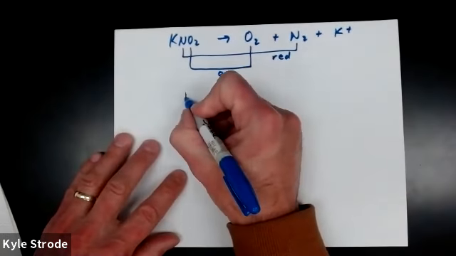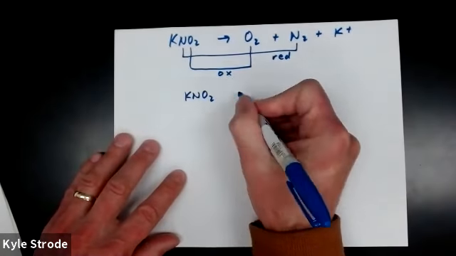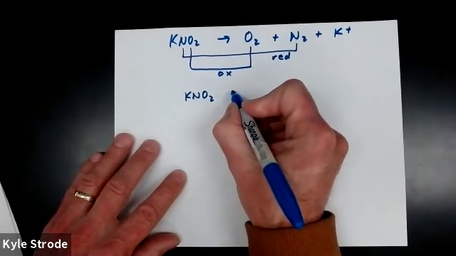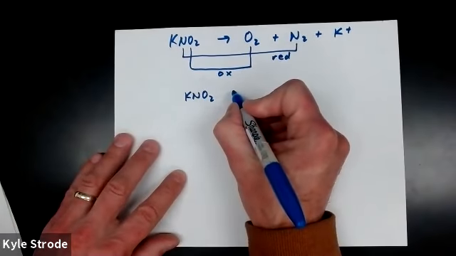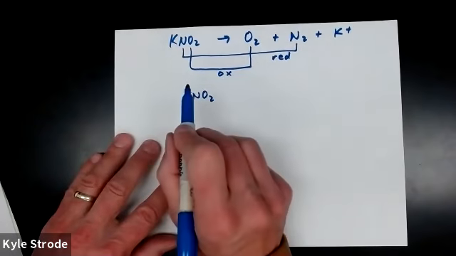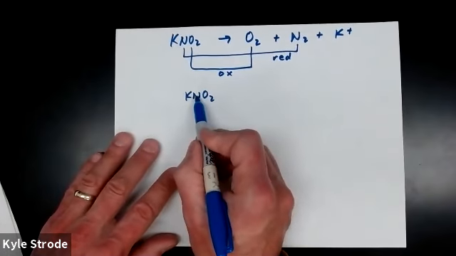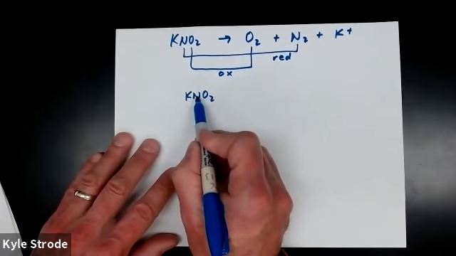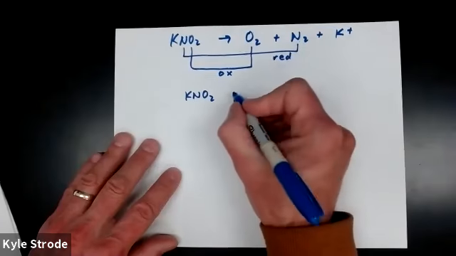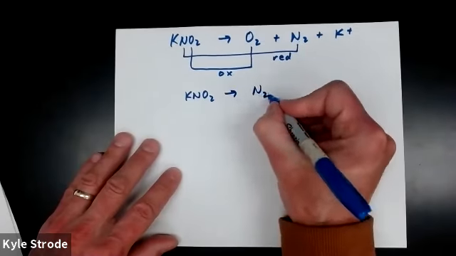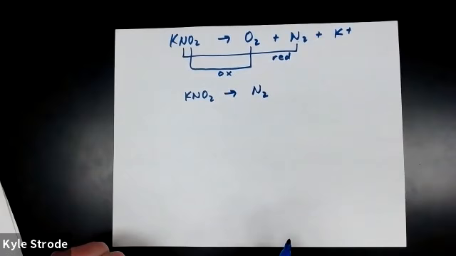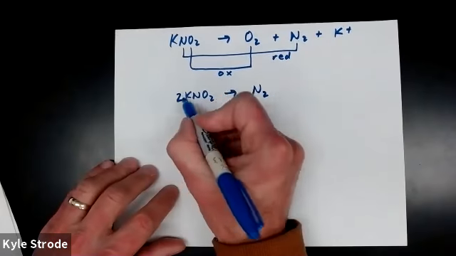I'm sorry, in my notes here, I started doing the nitrogen first. We're going to do the nitrogen first, so we're going to do KNO2 to N2. Then we balance our redox atoms first, balancing the N's.